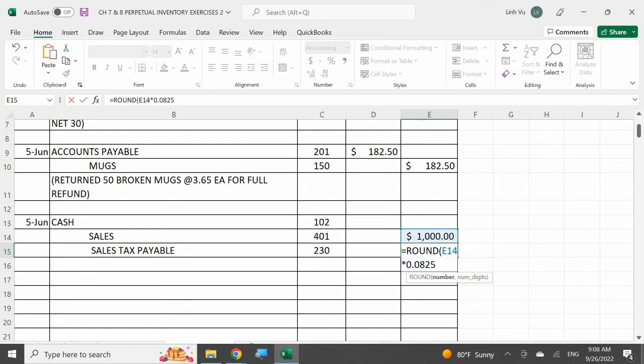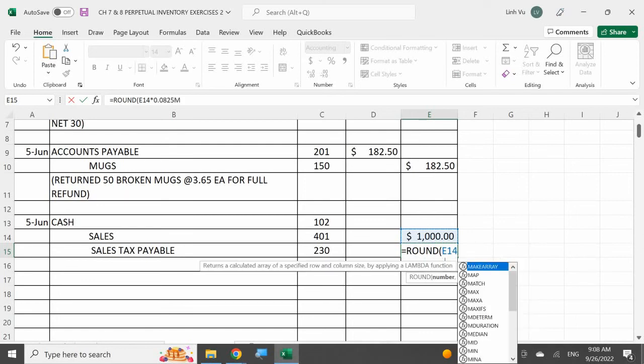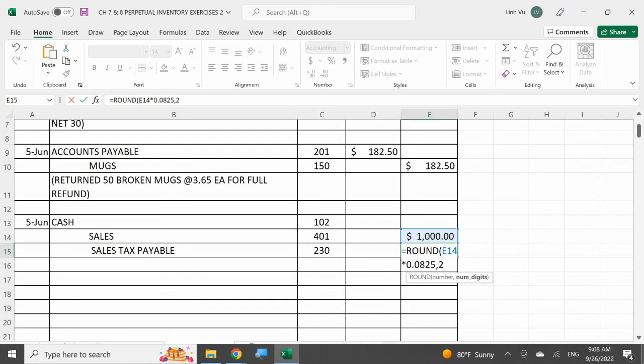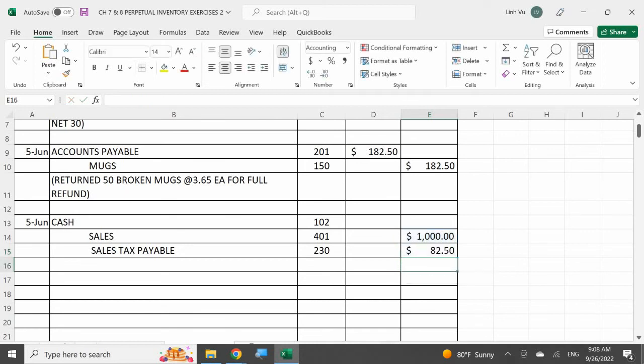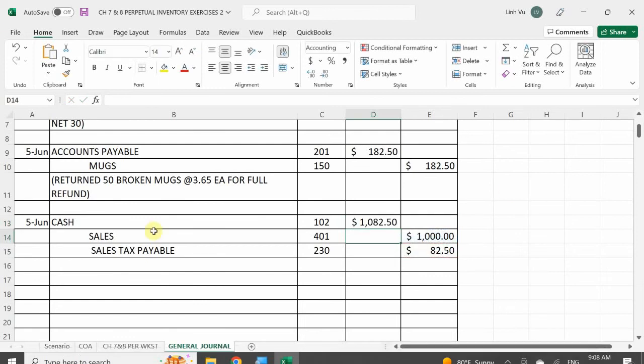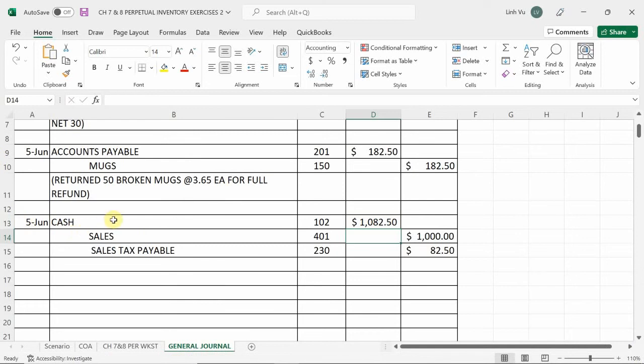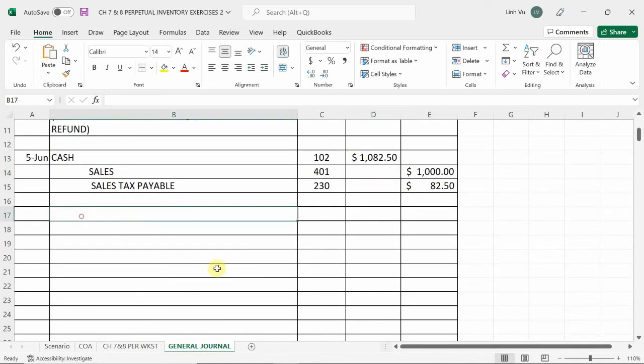You said 0.825? Correct. $82.50. Good. Right? And because I end up selling my inventory, what happened?